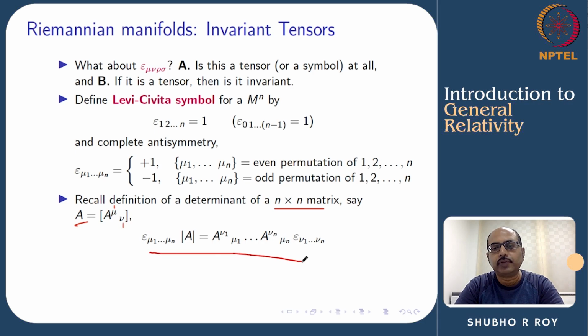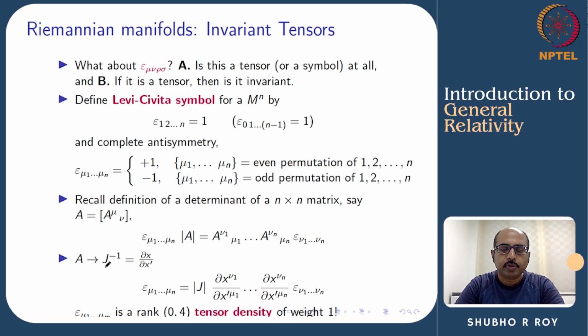So this is the definition, or property, of a determinant: if you have the product of these n components of A, when contracted with the Levi-Civita, it gives you the Levi-Civita times the determinant. The determinant I'm denoting by this absolute value or modulus sign. This actually means determinant.